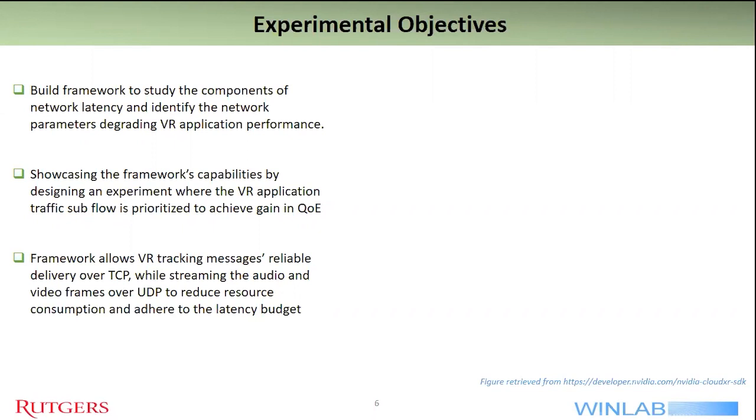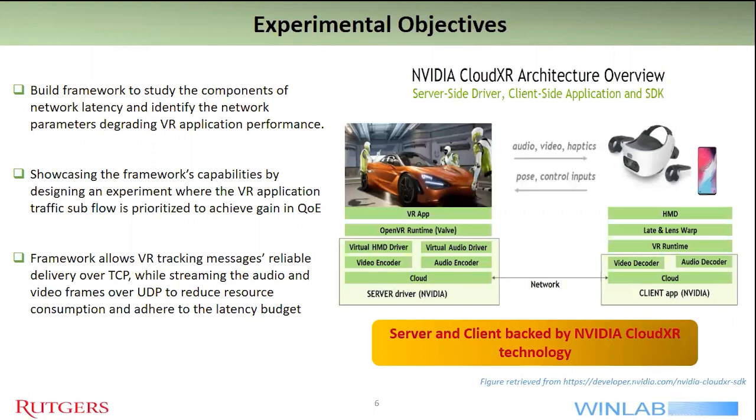Following which, we tried to send a part of this traffic flow over TCP and another part over UDP to adhere to the latency budget and to reduce resource consumption. To realize this framework, we took help of the NVIDIA CloudXR client and server architecture, so it was backed by NVIDIA CloudXR GPU technology.